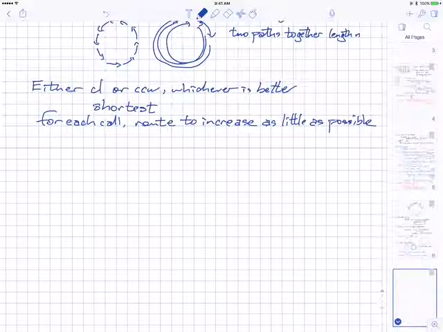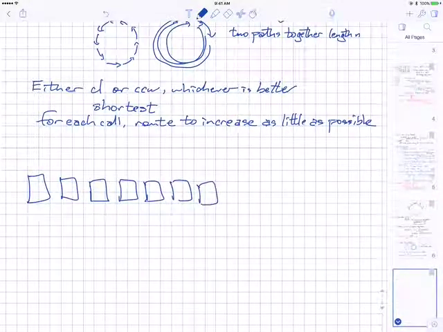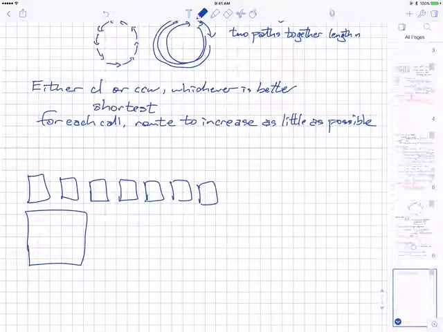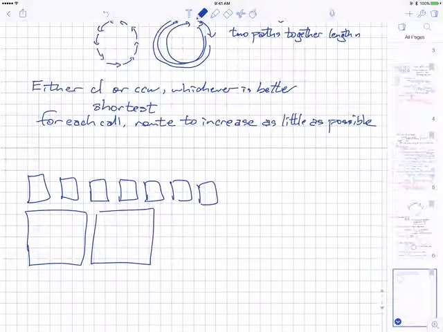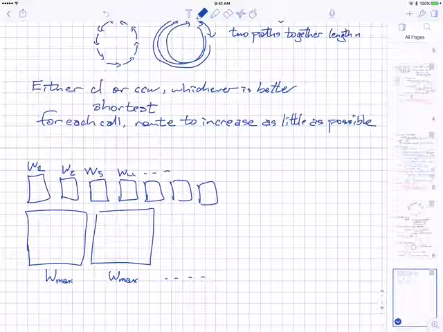Let's suppose that I have a bunch of boxes that I want to load into bins. These boxes have various weights, and I'm allowed to put a certain maximum weight inside each bin. Okay?